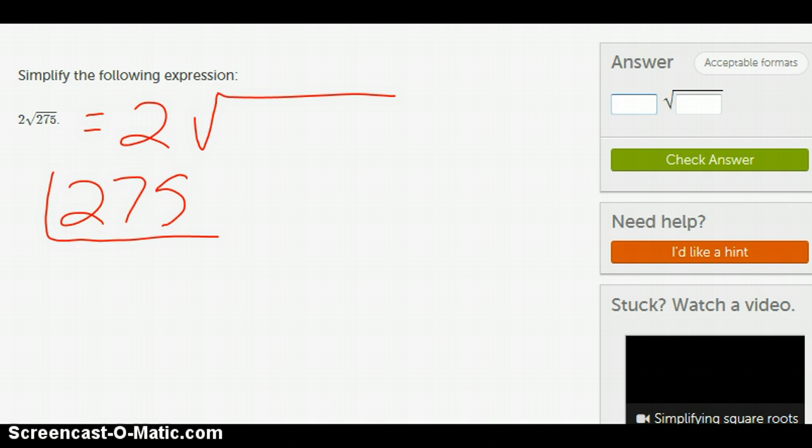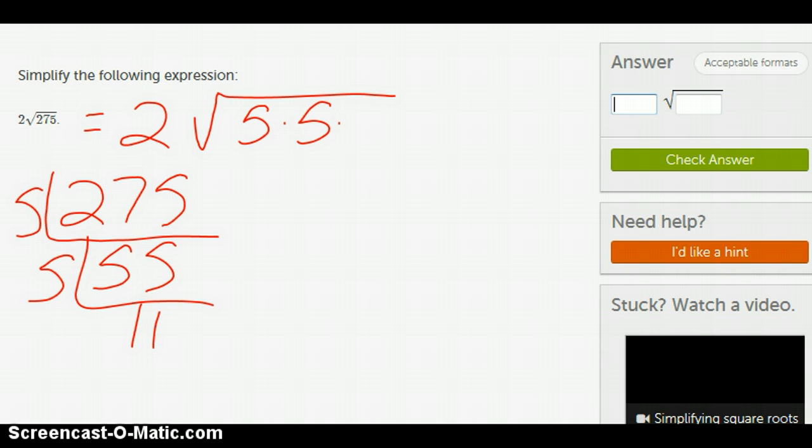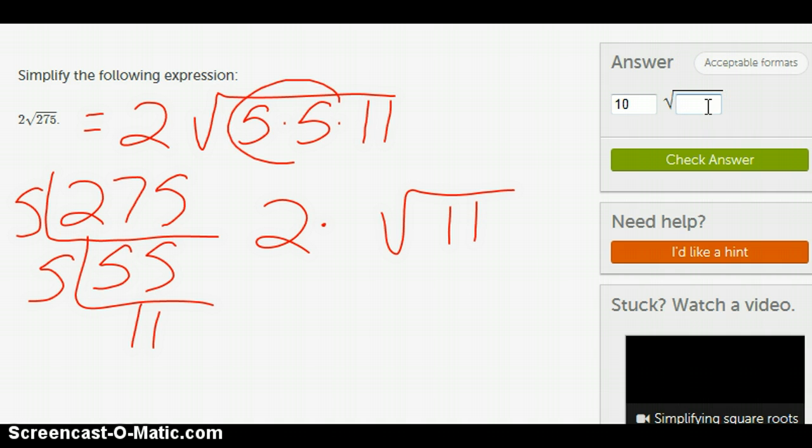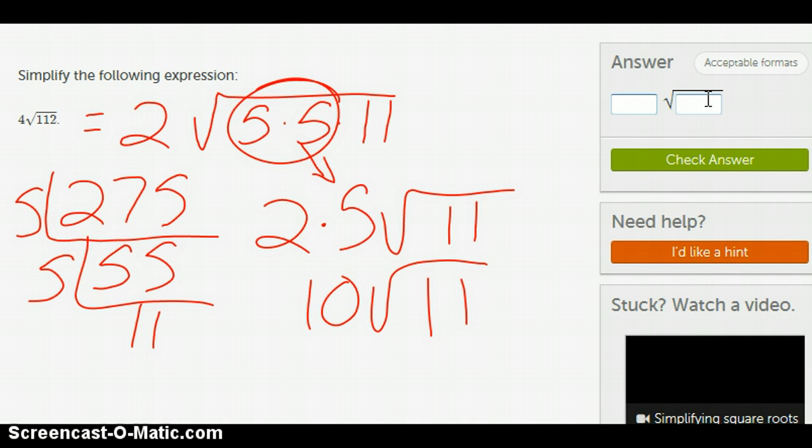Factor tree, 5 is going to go in there, 55, and 5 goes in there, 11. So I get 5 times 5 times 11. That's going to be 2 times something, the square root of 11. I have 2 5s, so that will be 10 times the square root of 11.